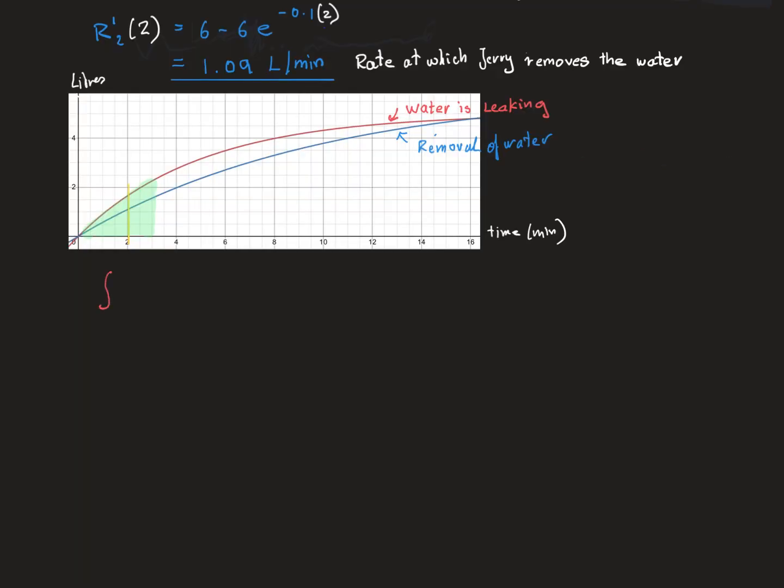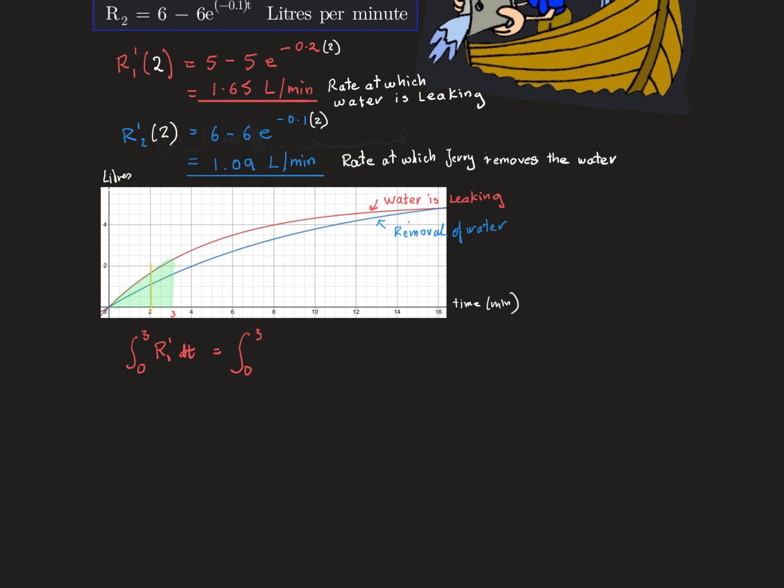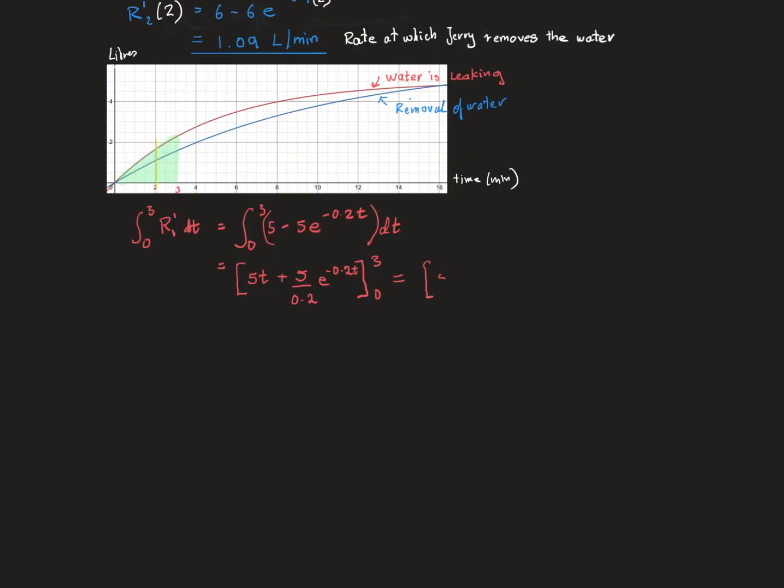So the integral from 0 to 3 of that function R1 dt is equal to the integral from 0 to 3 of 5 minus 5 e to the minus 0.2 t dt. And that's going to be 5t plus 25 e to the minus 0.2 t from 0 to 3.